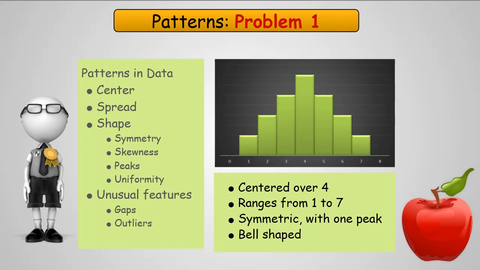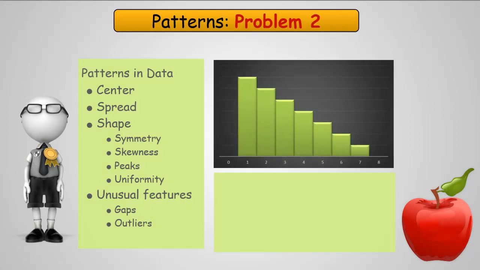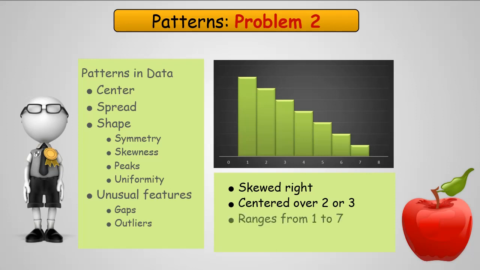So I was able to gather a great deal of information simply by looking at this data set graphically. All right, let's try another. I can see in this case that the distribution is skewed to the right, that it's centered right now over 2 or 3, roughly, that the range is again from 1 to 7, and that there are no gaps and there are no outliers.